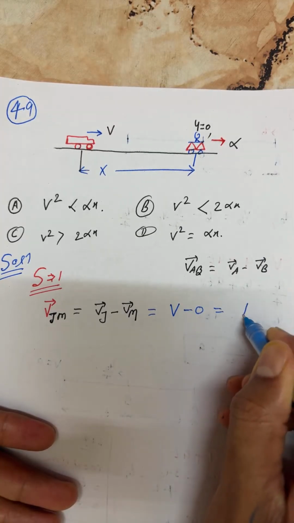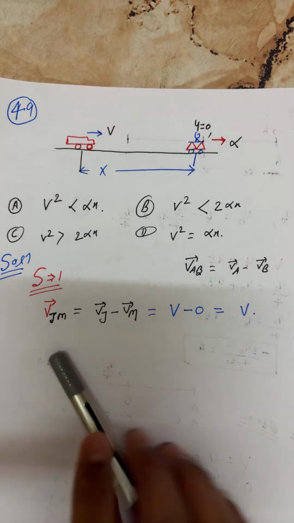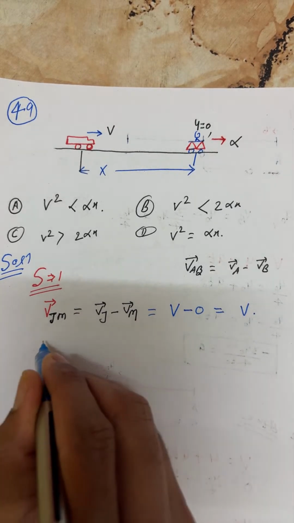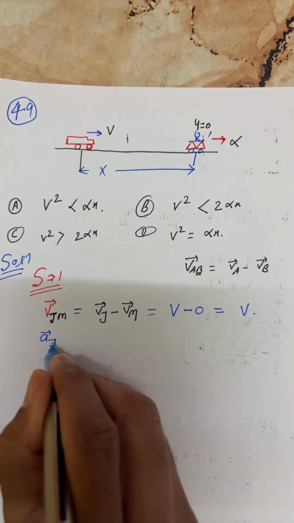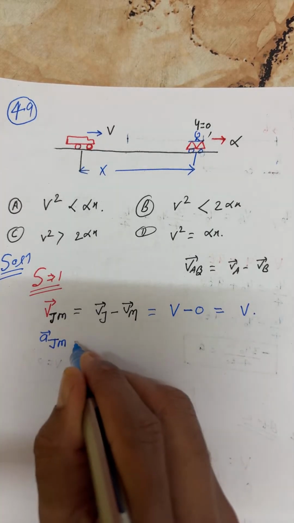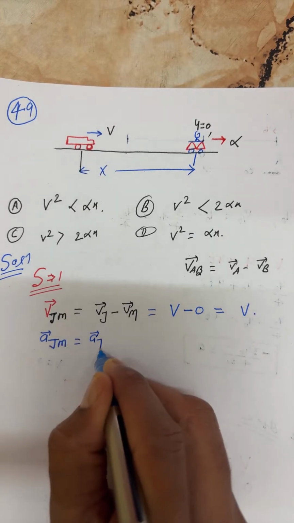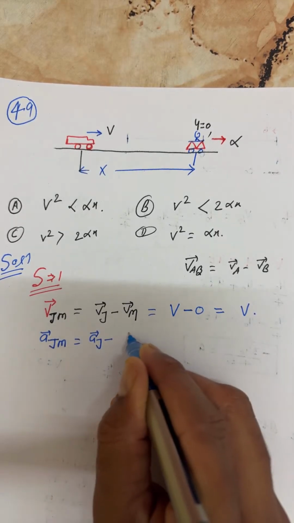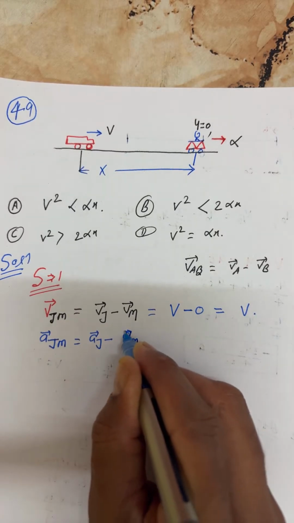So you can see this is what we have. Okay, kids, I'm going to apply the next formula: acceleration of the jeep with respect to the motorcycle. So you can write acceleration of jeep minus acceleration of motorcycle.